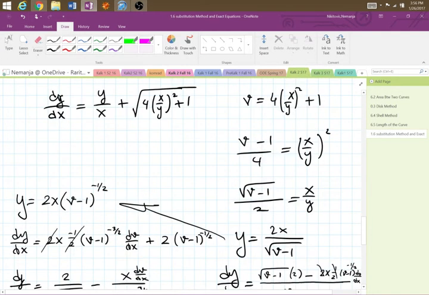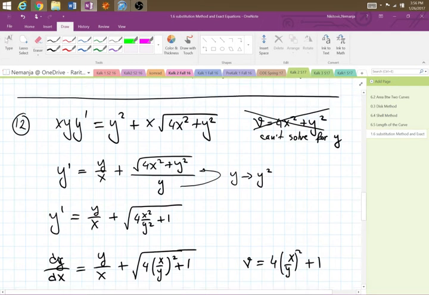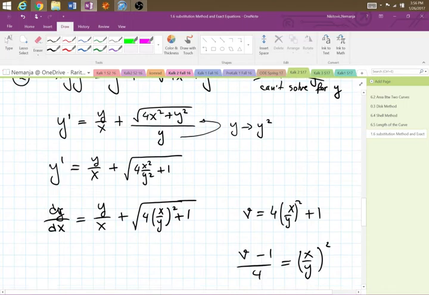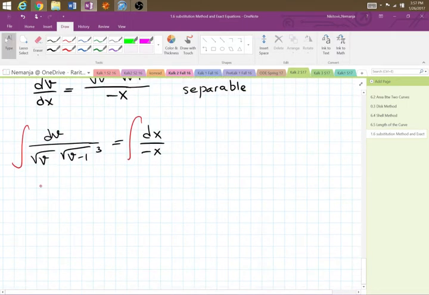No, that would be +1. All right. So, integrate. The other side is easy.